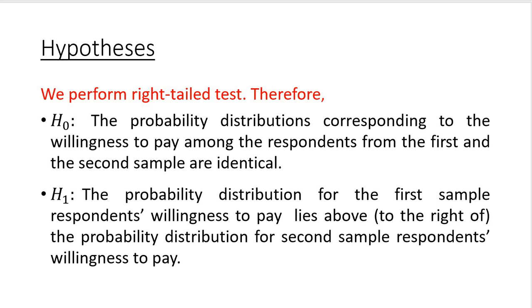And the alternative hypothesis states that the probability distribution for the first sample respondents' willingness to pay lies above or to the right of the probability distribution for second sample respondents' willingness to pay.